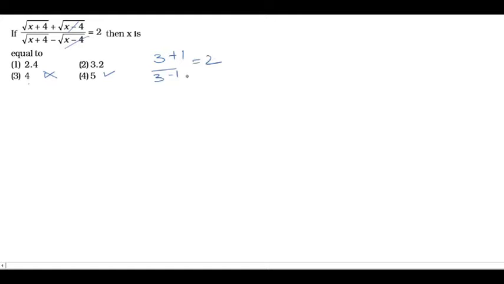So no need to solve, but if you want the actual method, basically we need to factorize the denominator. Then we get something like root x plus 4 plus root x minus 4 whole square by, in the middle we will be getting a square minus b square, so x plus 4 minus x plus 4. So we will be getting 4 plus 4, 8, which is equivalent to 2.